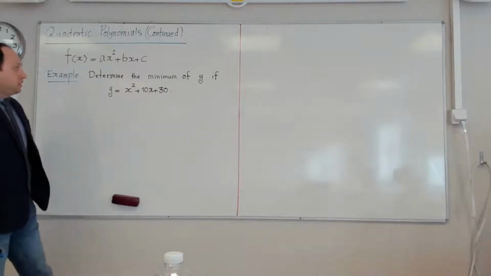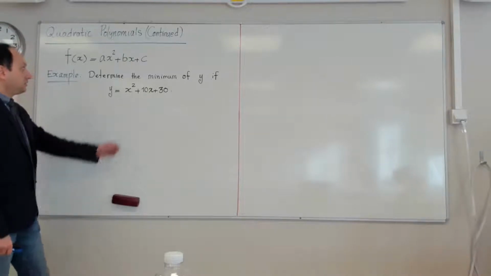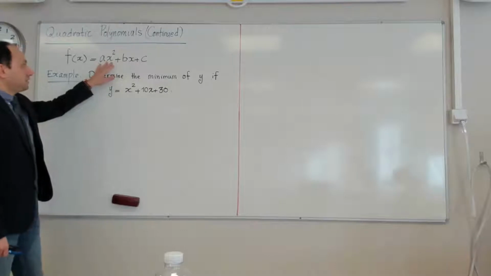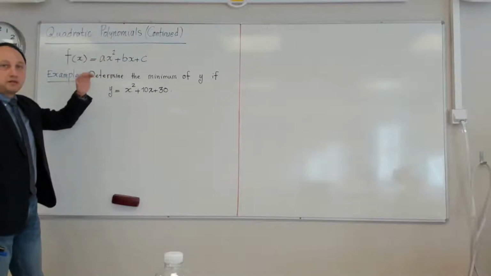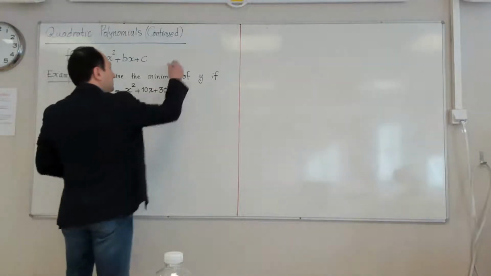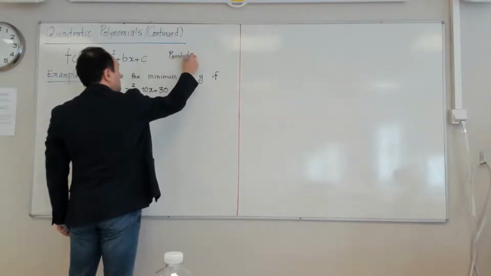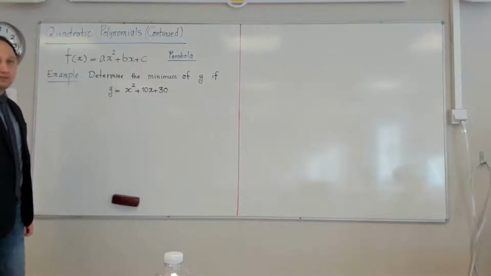If you remember the lesson from yesterday, we talked a little bit about the graph of these functions, and I told you that they are more or less of two types, and they are called parabolas. So the graph of such a function is called a parabola.